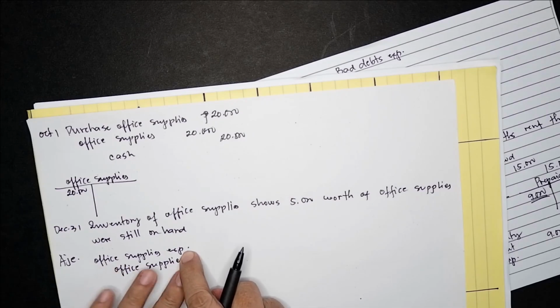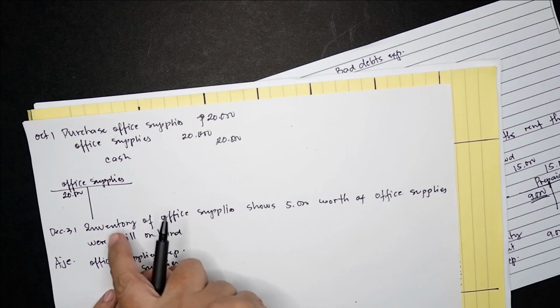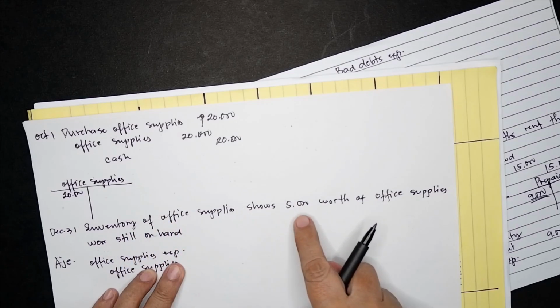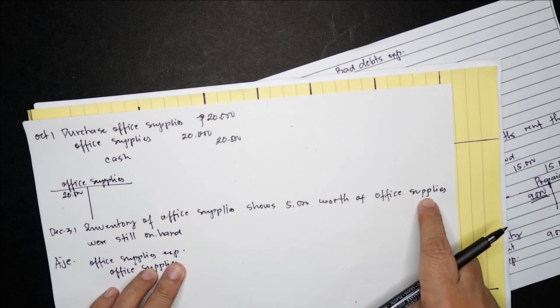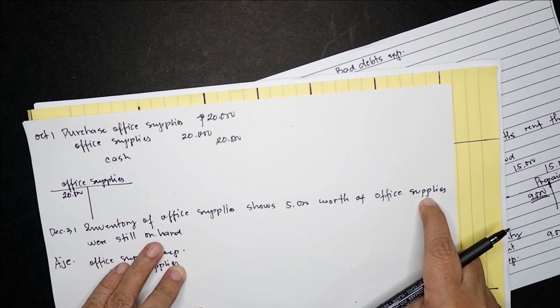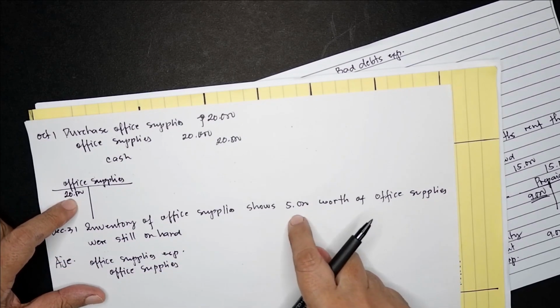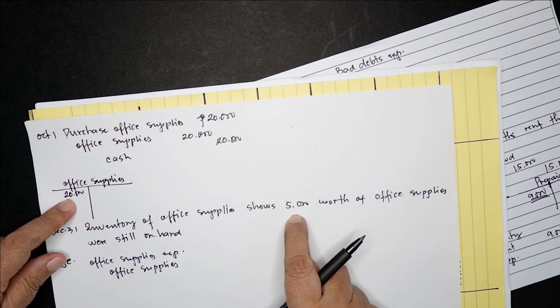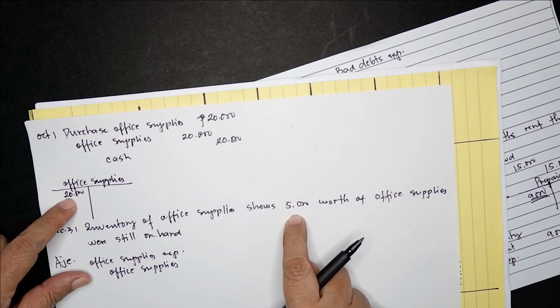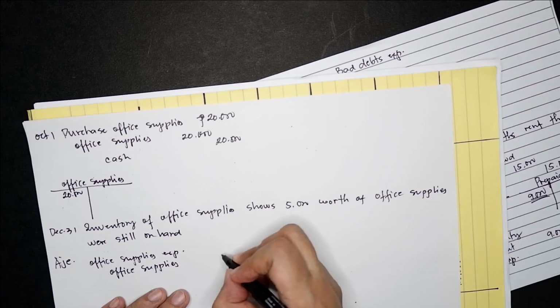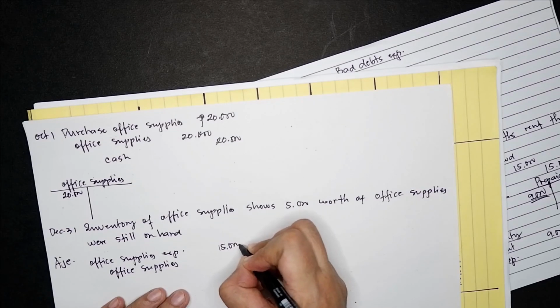It is expense. From our additional information, 5,000 worth of office supplies were still on hand. So out of 20,000, there's still 5,000 remaining. How much was used? It is 15,000. And that is our expense.